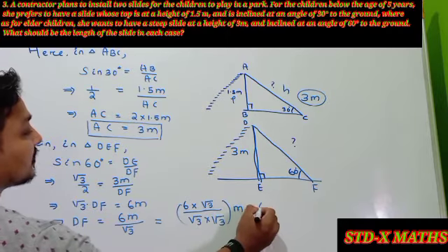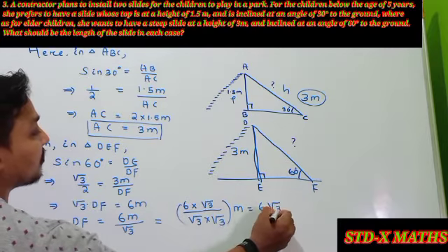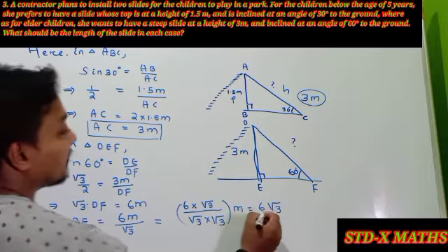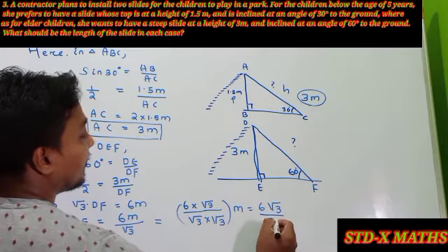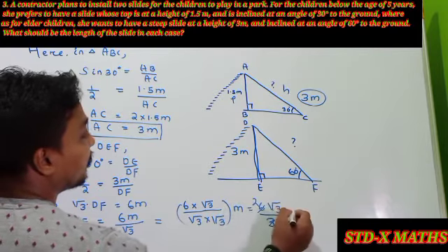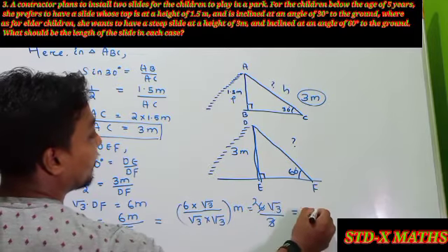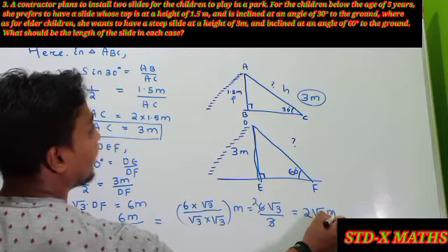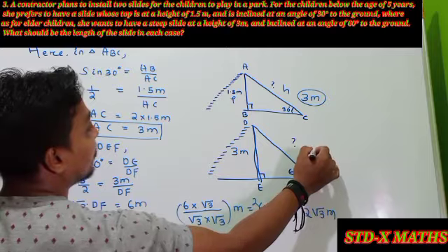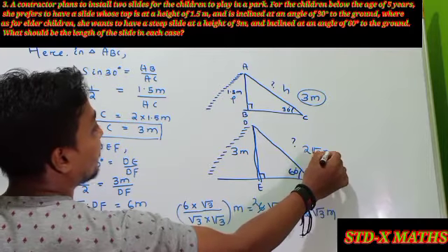This becomes 6 root 3 divided by 3. Here 3 cancels 2, so this will be 2 root 3 meter.